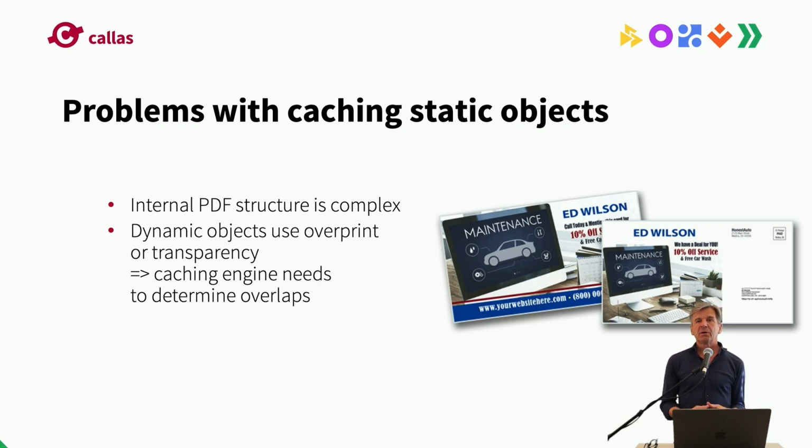However, there are cases where that is not easily possible. So for instance, if the internal PDF structure is very complex with lots of nested XObjects, the DFE could have problems.